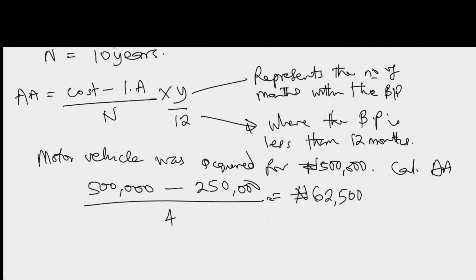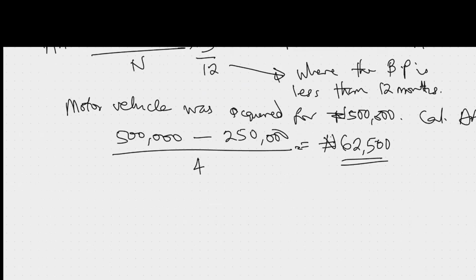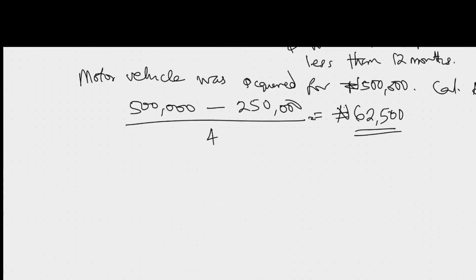So in a simple form, let's go to tabular. We use 4 years. So year 1, your cost is 500,000. Your initial allowance is 250,000.